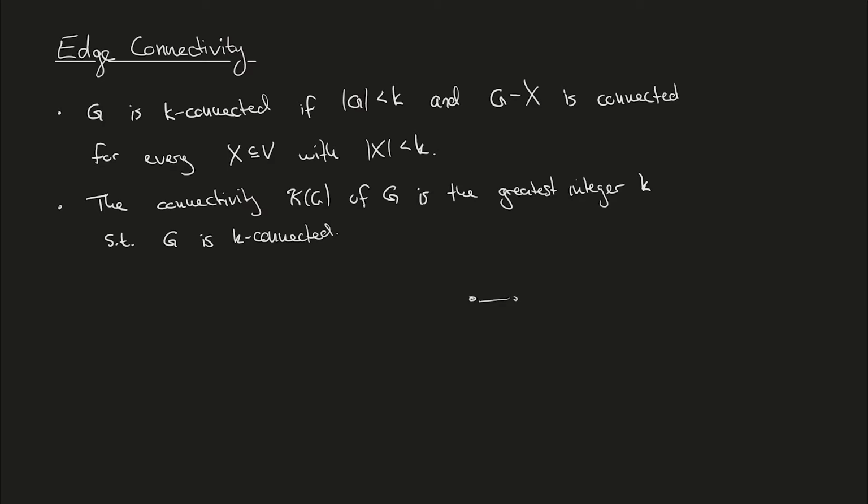Now, instead of removing vertices from our graph, we could think about removing edges. So in this example, we could think about removing this edge between these two vertices, and that would disconnect the graph. And these thoughts lead to the concept of edge connectivity.